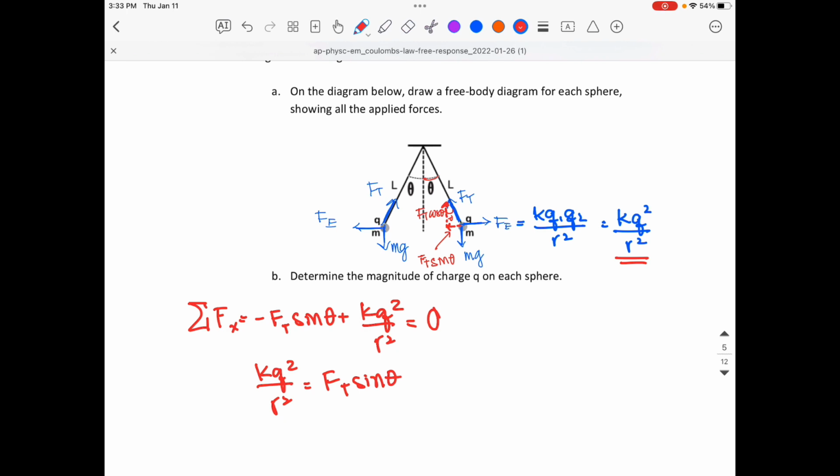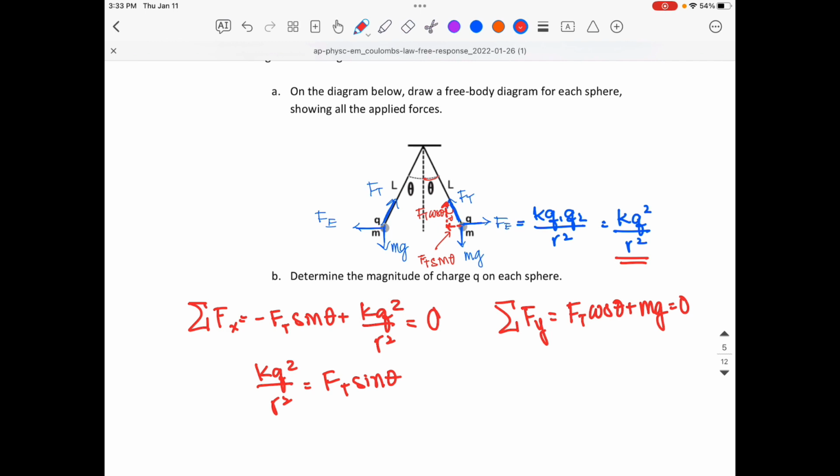The problem here is that we have too many unknowns. So if I next go to the components in the y direction, I have another set of balanced forces. I know that FT cos theta plus mass times gravity is also equal to 0.